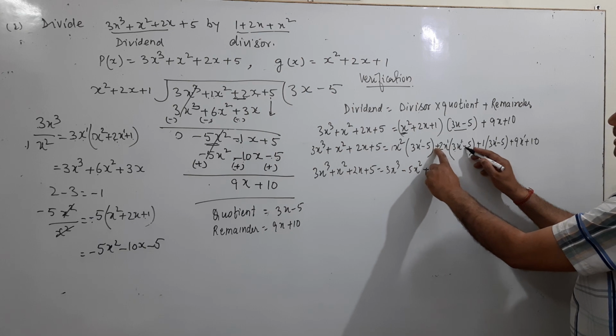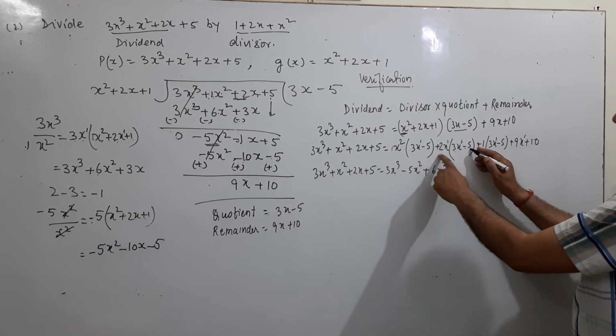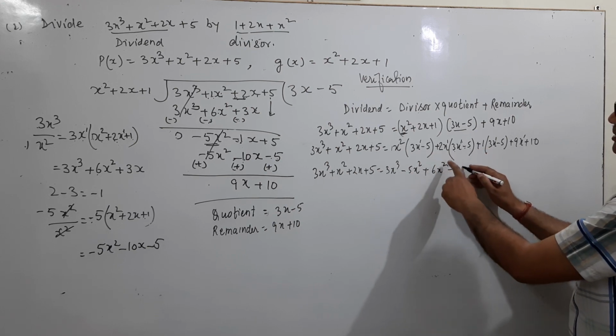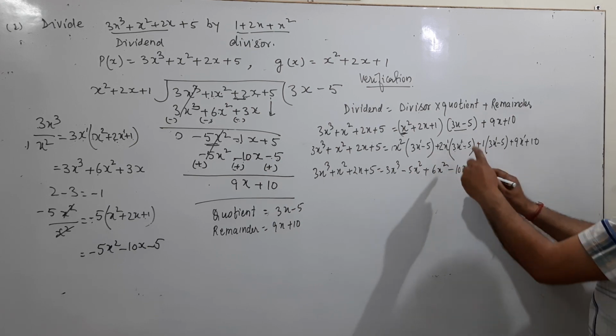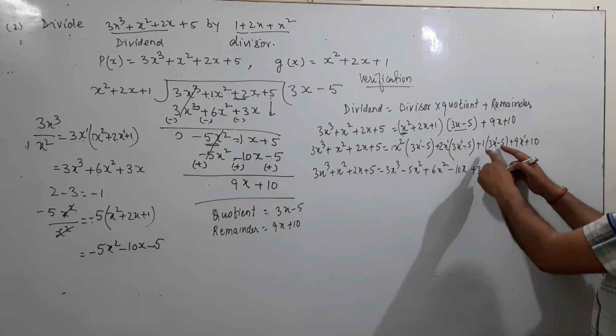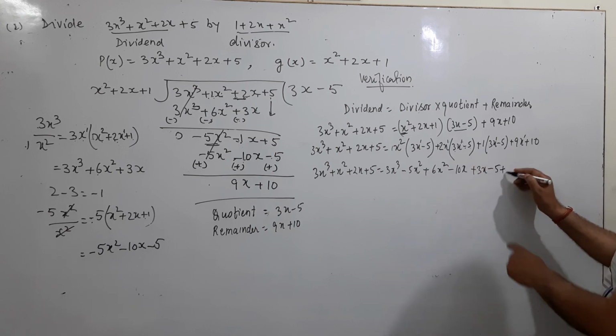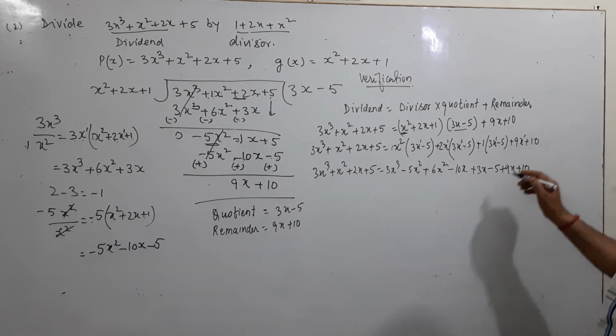Plus minus, this is plus, this is minus, minus 5 times 2 is minus 10x, and this is x plus 3 times 1 is 3x, and here is x plus minus 5 times 1 is minus 5, plus 9x plus 10.